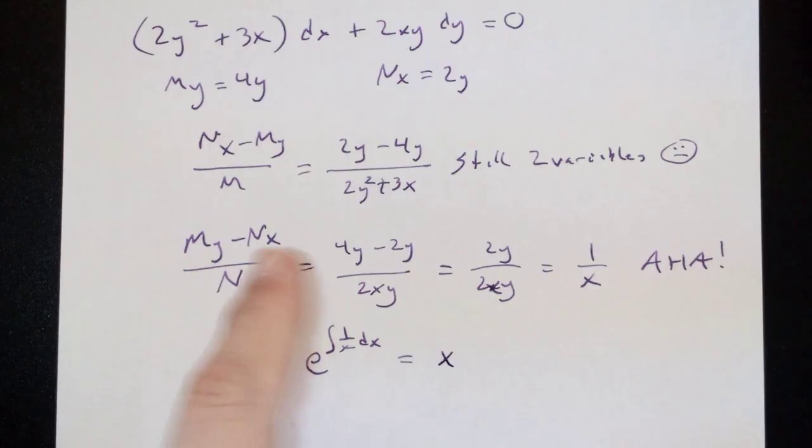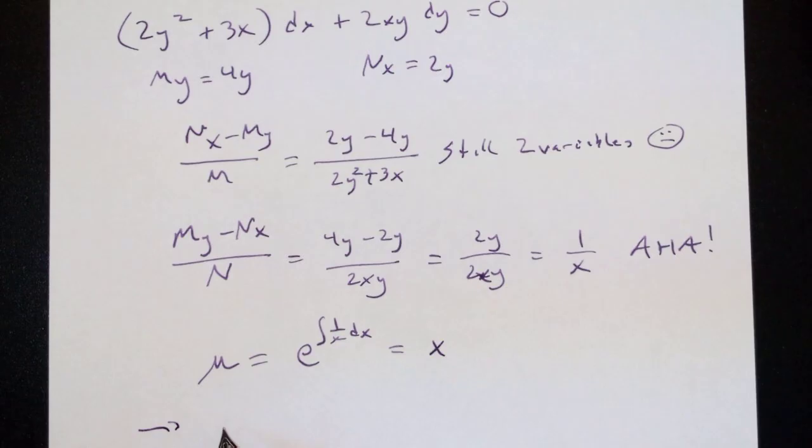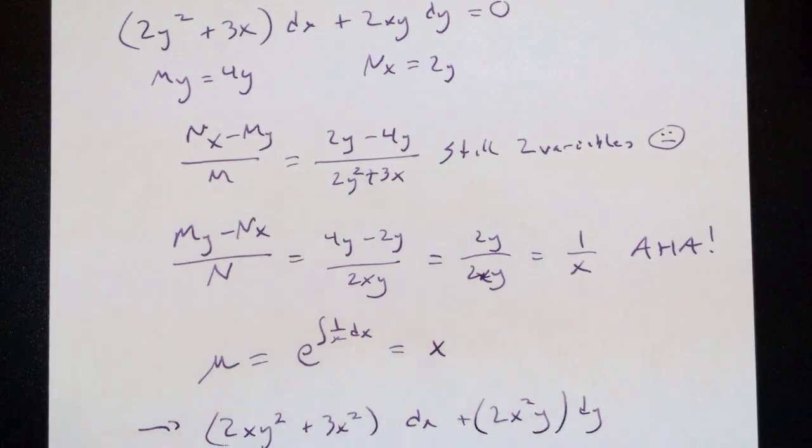Beautiful. Let's use this up here. My new equation: 2xy squared plus 3x squared dx plus 2x squared y dy. I multiplied everywhere by an x.